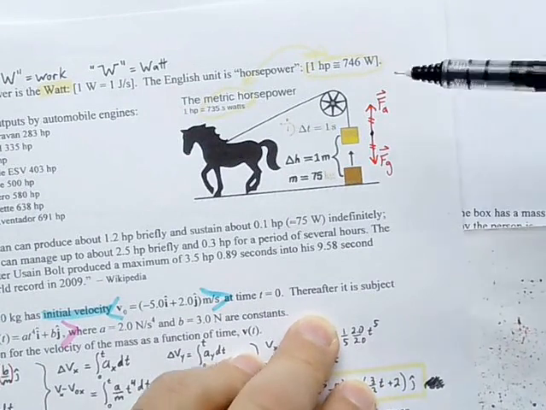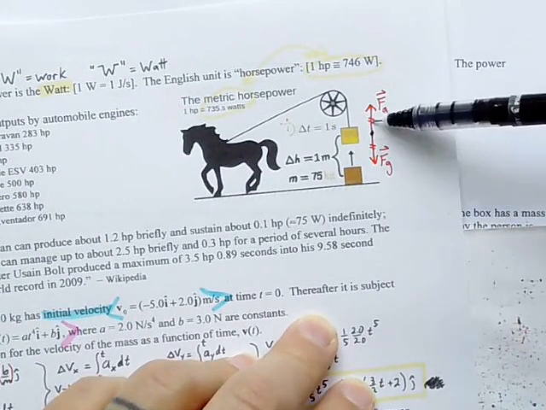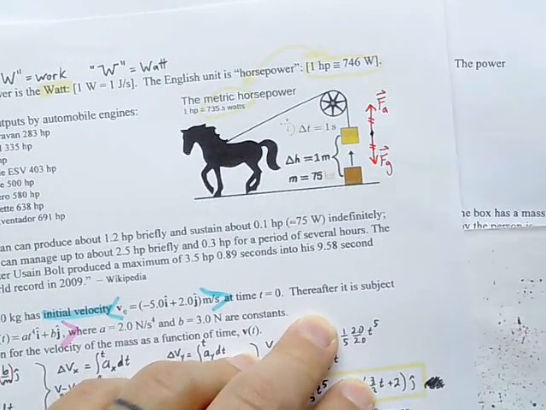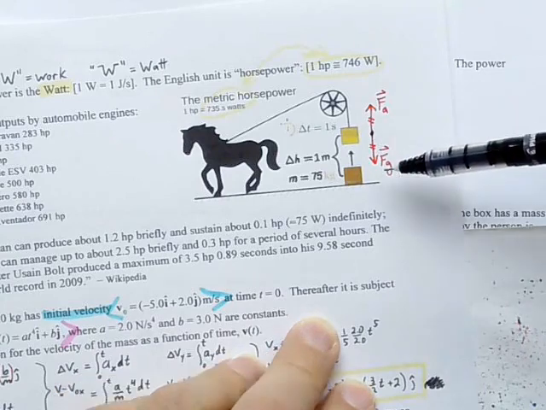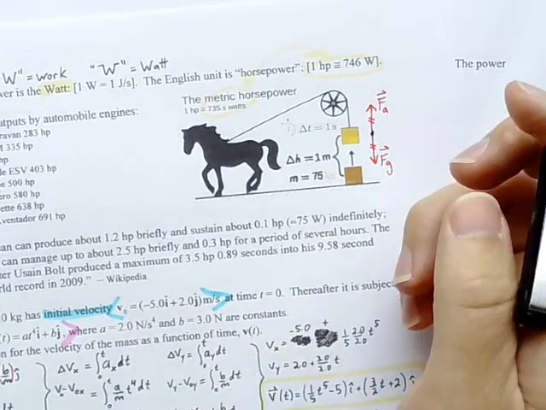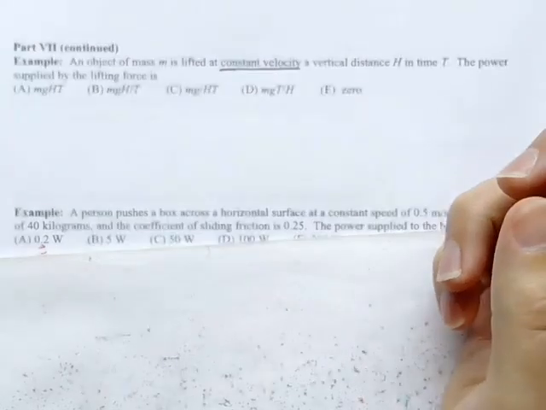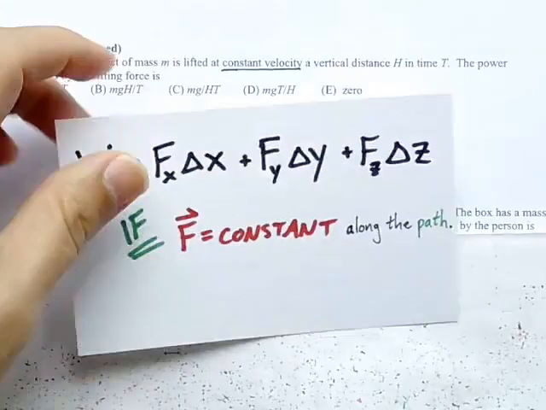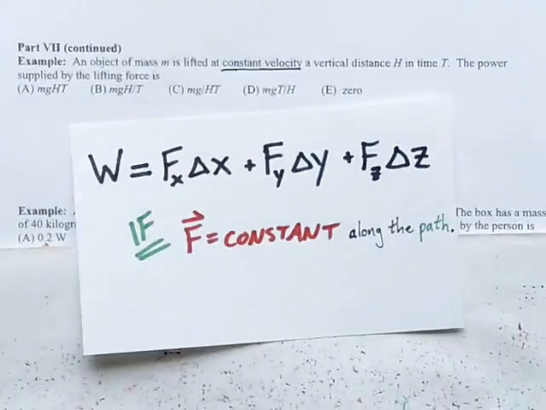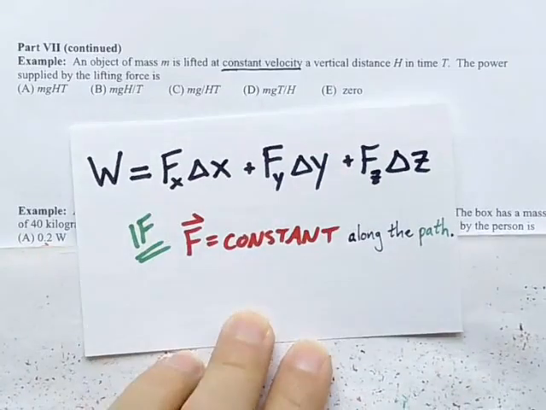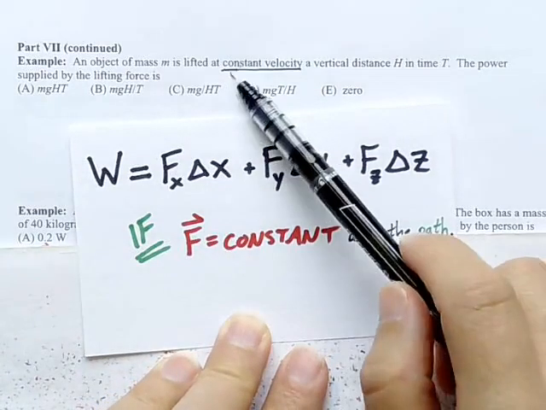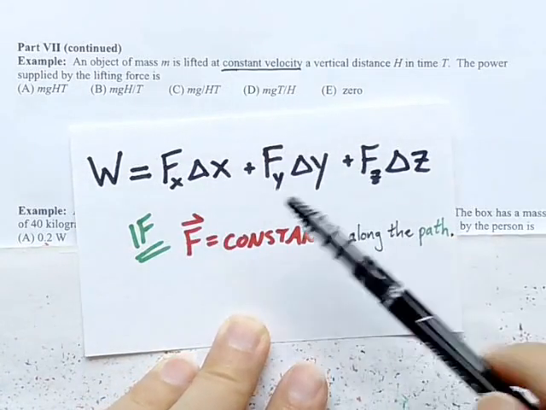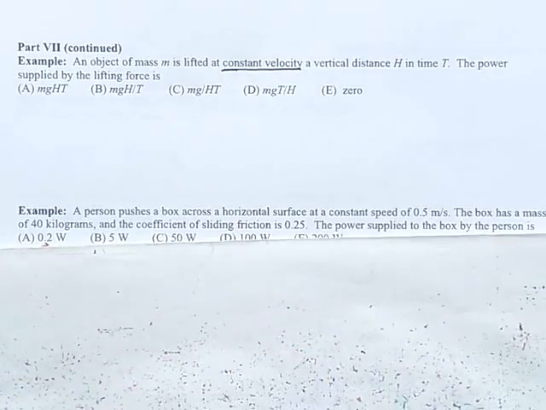Since it was lifted at a constant velocity, we know that the net force on it is zero, so the applied force must be equal to the weight of the box. And we'll be using that along with this definition for the work that was done. Since our force is constant, given that our velocity is constant, we can compute the work from this expression.